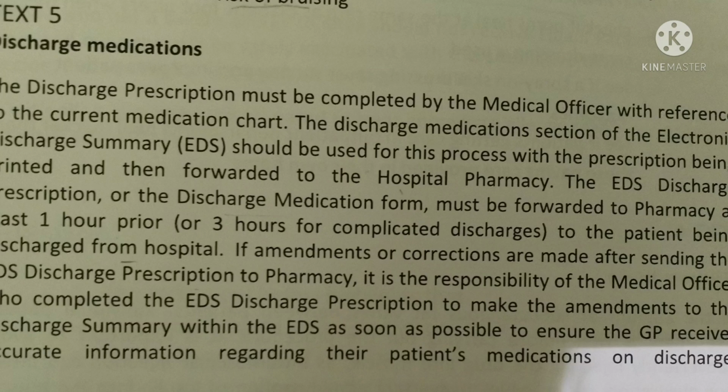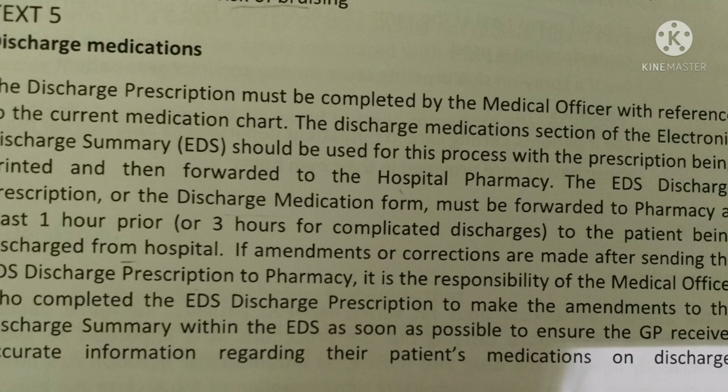The steps they are explaining. The EDS discharge prescription or the discharge medication form must be forwarded to the pharmacy at least 1 hour prior, or 3 hours for complicated discharges, to the patient being discharged from hospital.